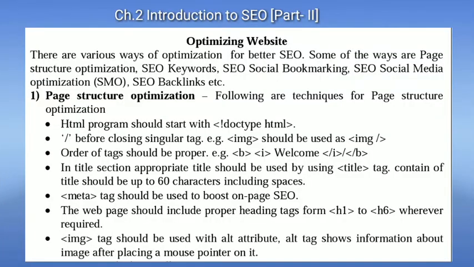In Part 1, we have completed two important topics: types of SEO and techniques of SEO. Types are on page SEO and off page SEO, and techniques are white hat SEO and black hat SEO.